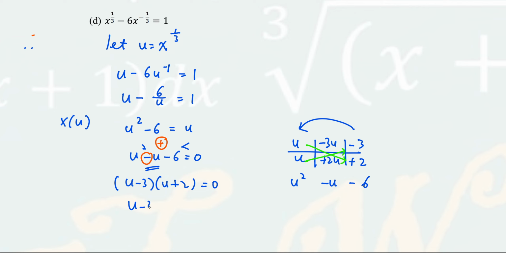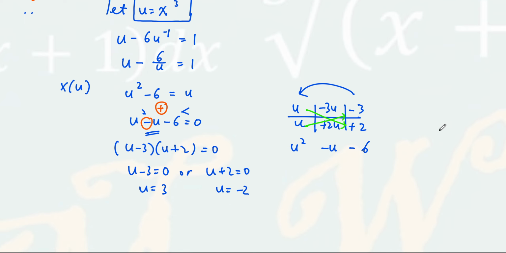Now, u − 3 = 0 or u + 2 = 0, which means either u = 3 or u = −2. Now look at your u here. Your u is x^(1/3), meaning the cube root of x.